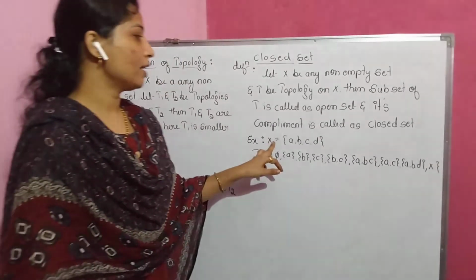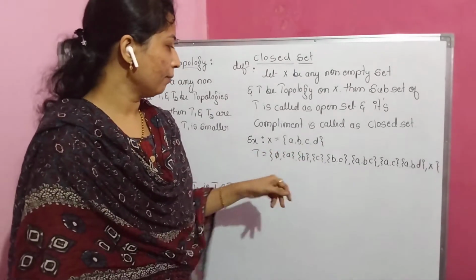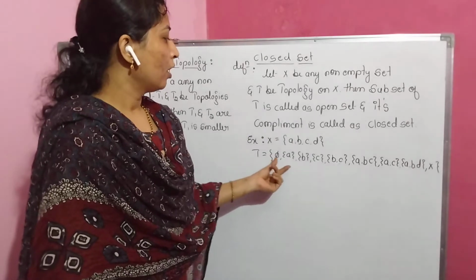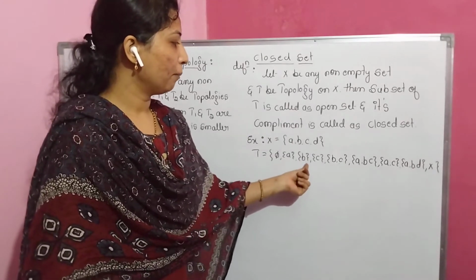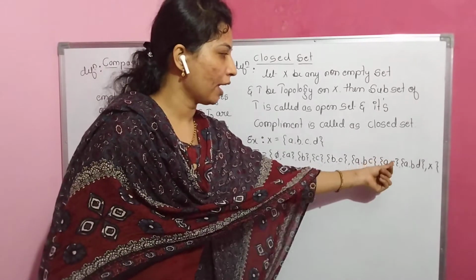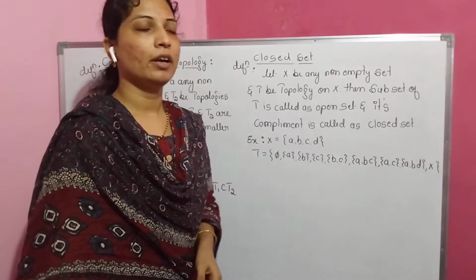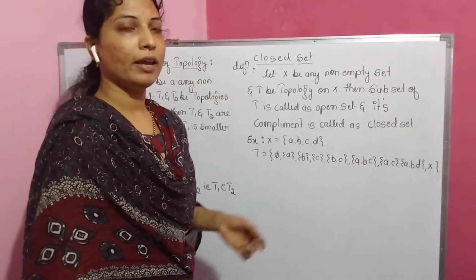Example: X is a non-empty set {A, B, C, D} and T is the null set, {A}, {B}, {C}, {B, C}, {A, B, C}, {A, C}, {A, B, D} and the member X.